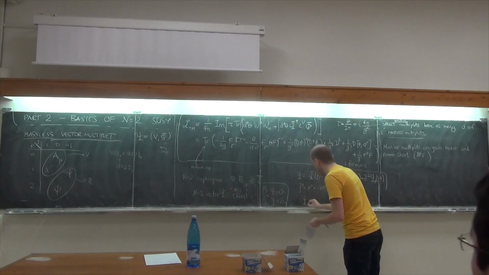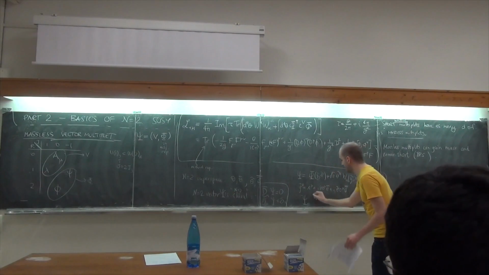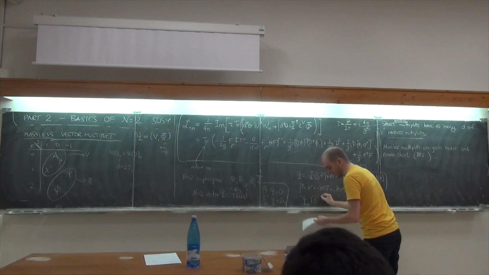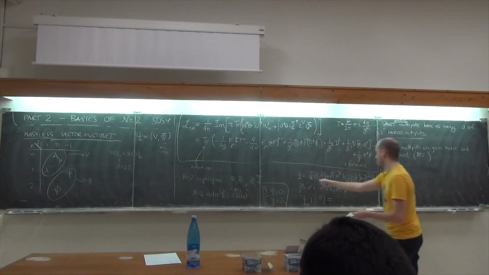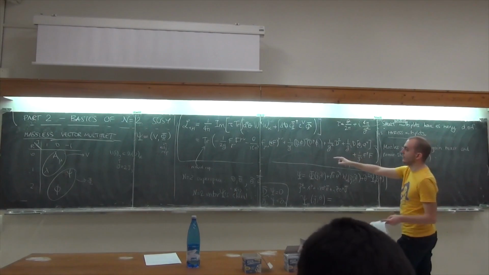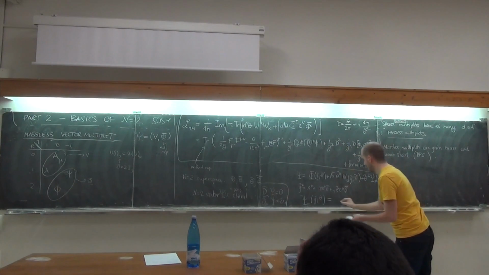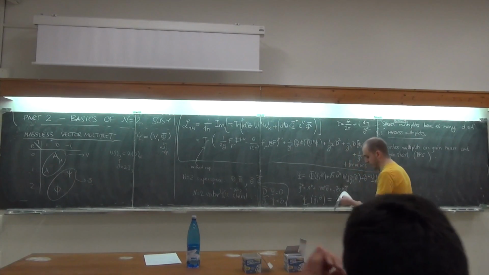Well, it's more complicated, don't ask me too much about it. But it's an auxiliary field and it's determined in terms of phi, W alpha and the vector V. And it can be worked out to be as follows.